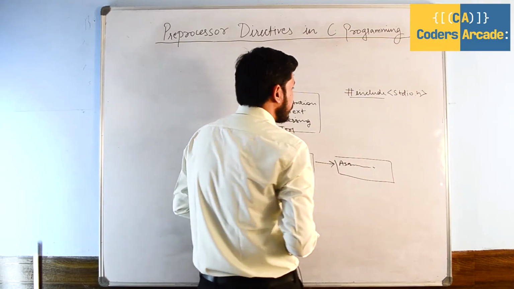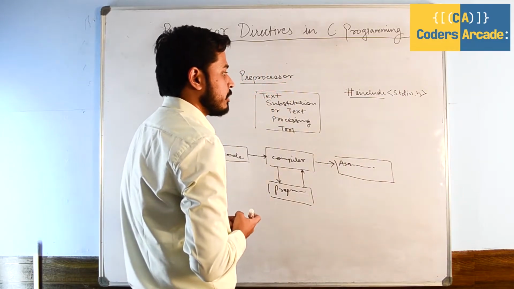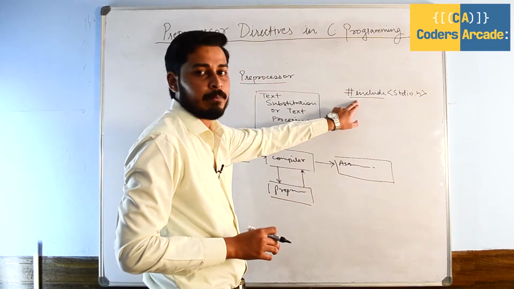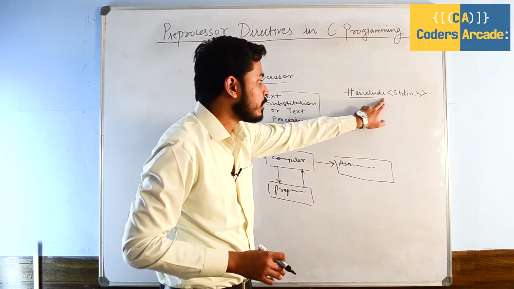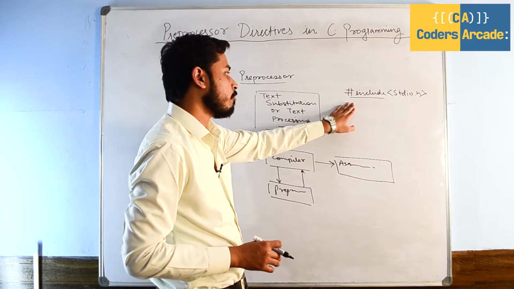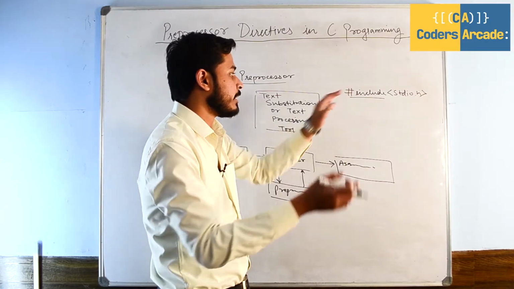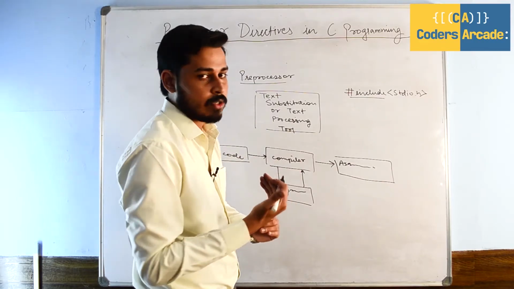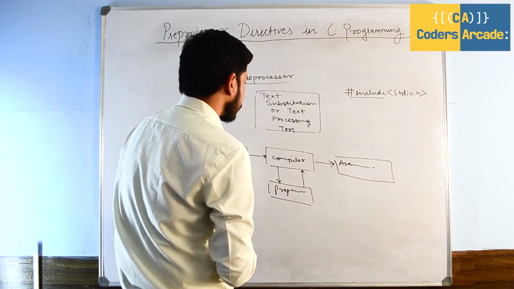This #include is nothing but the preprocessor directive in this code. So with this line, our source code will first be preprocessed, then compiled, and then converted into assembly level language code.